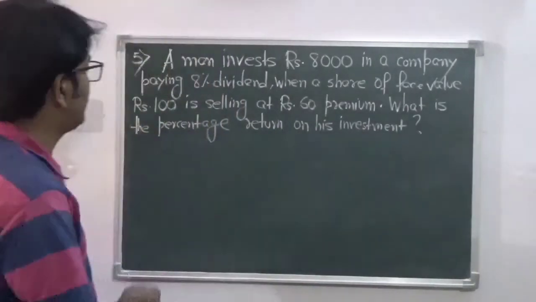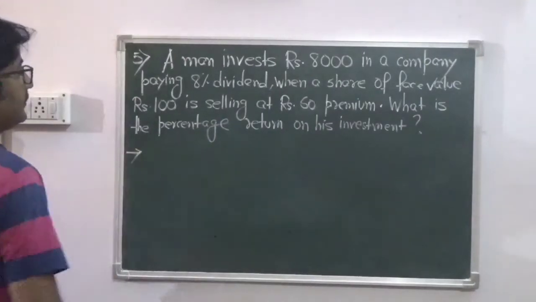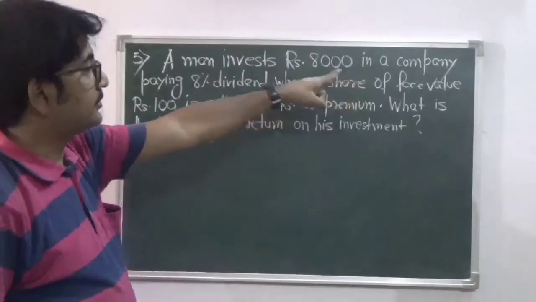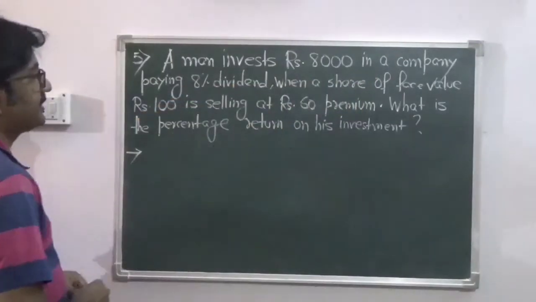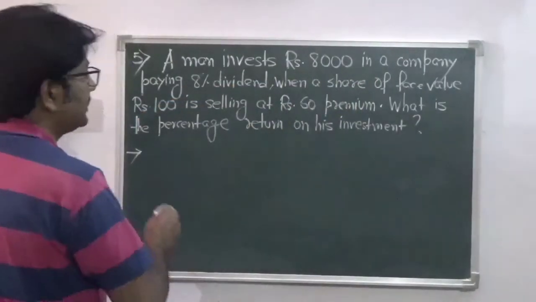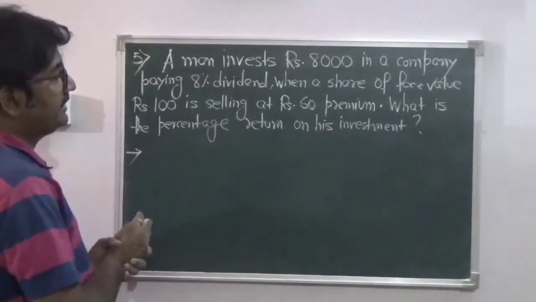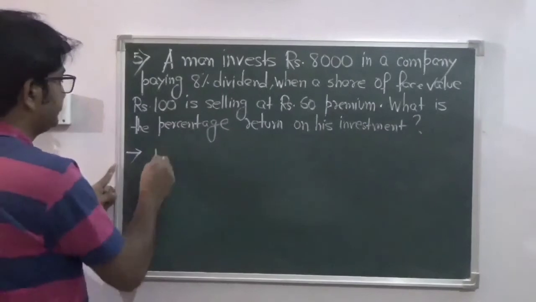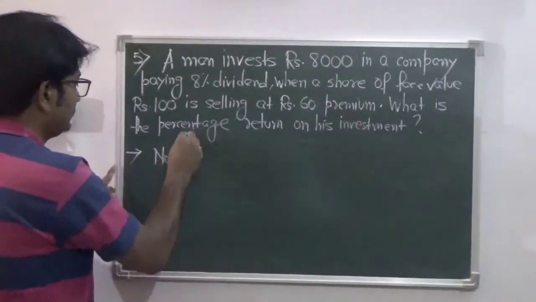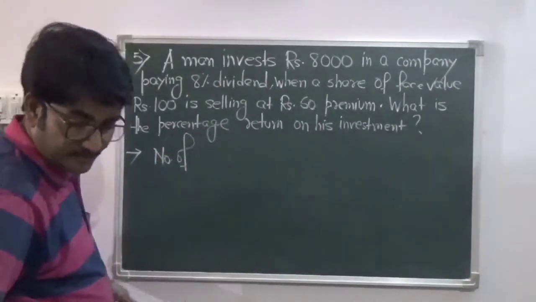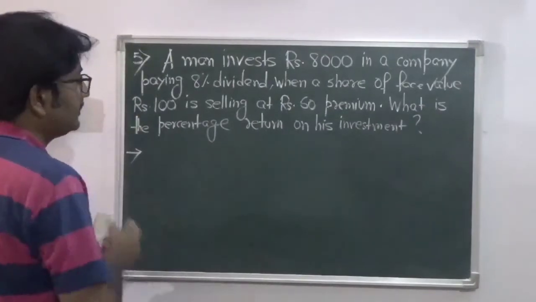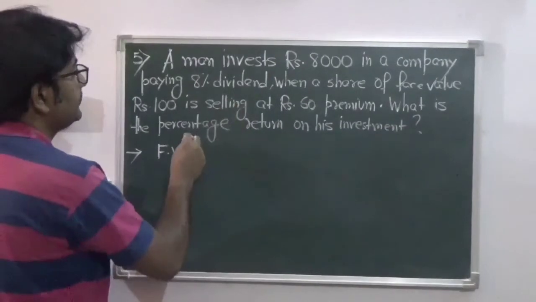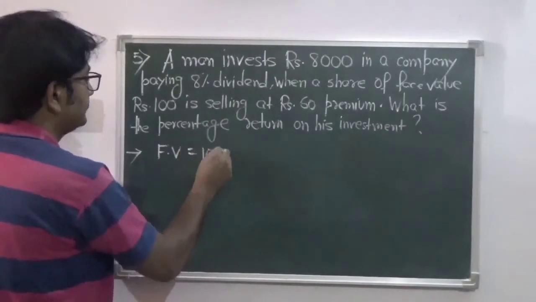So let us see. First of all, a man invests ₹8,000, so market value is, total market value is this one, paying 8% dividend when a share of face value. So first of all you need to find the total number of shares. So wait, before that, note down one by one. Face value is ₹100.